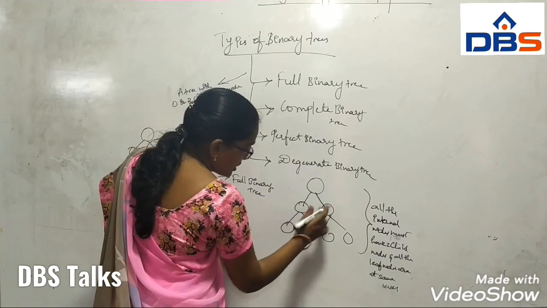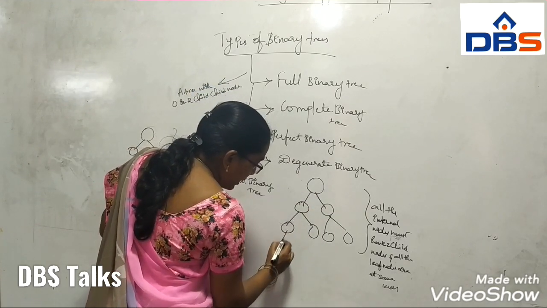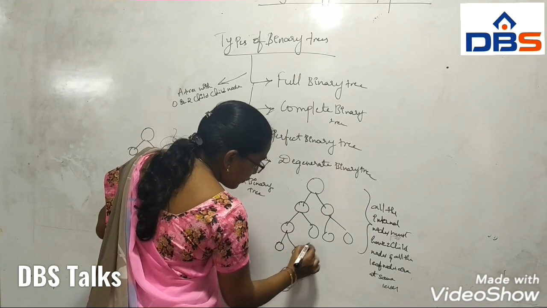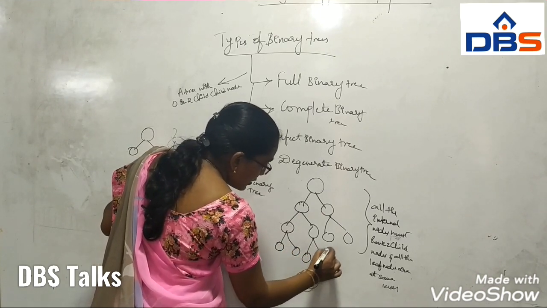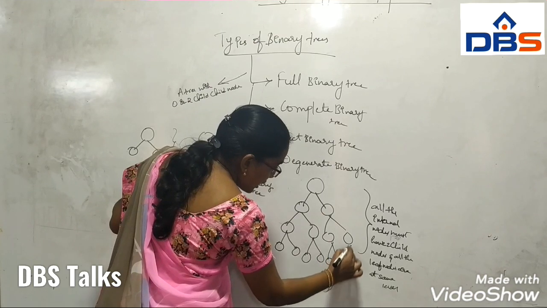See, internal nodes having 2 child nodes, and these are the leaf nodes. These must be at the same level.